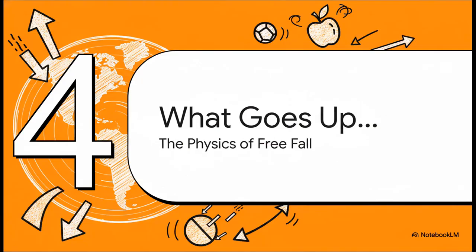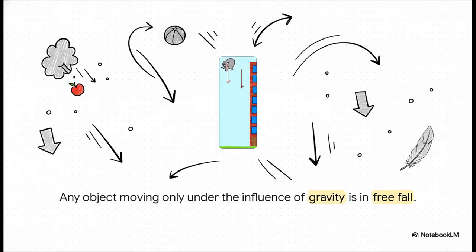So now that we have these incredibly powerful rules for describing position, velocity, and acceleration, we can actually apply them to one of the most common, most constant forces in our entire universe. And this brings us to the idea of free fall. In physics, an object is in free fall if it's moving only under the influence of gravity. It really doesn't matter if it was dropped from a standstill, thrown downwards, or even thrown upwards.